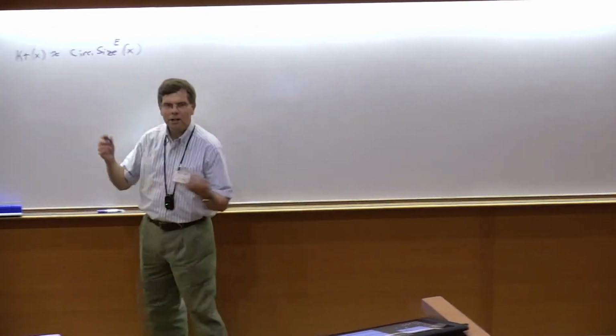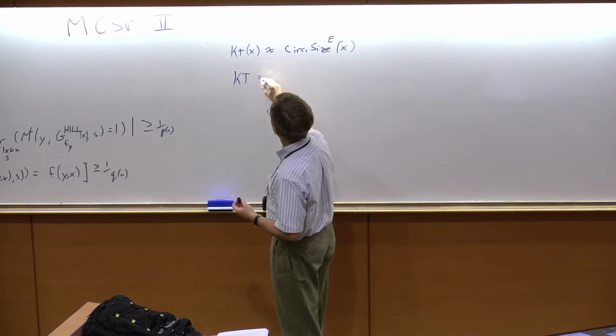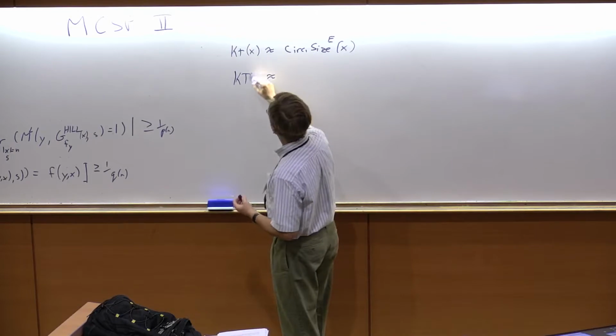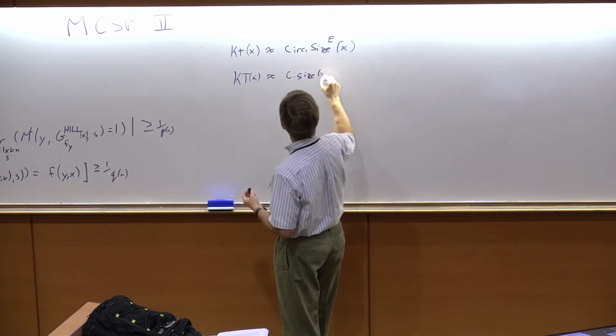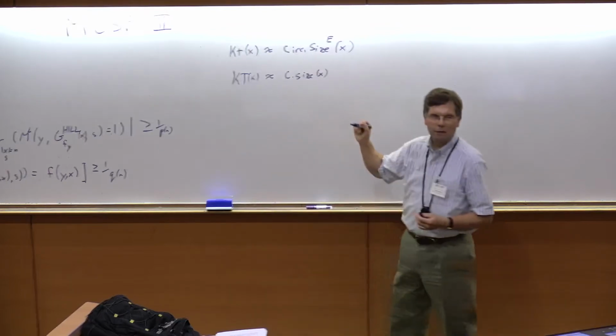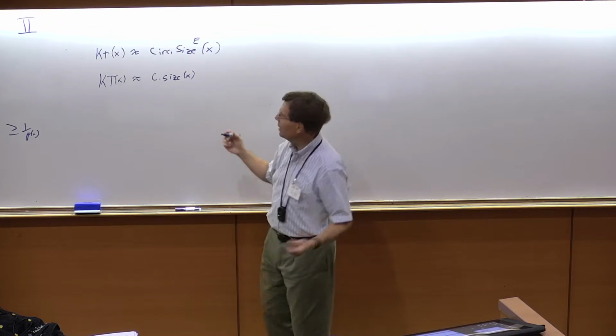And part of the motivation for introducing capital KT was that KT of X was roughly the same thing as circuit size of X without the oracle. So what am I going to do now?